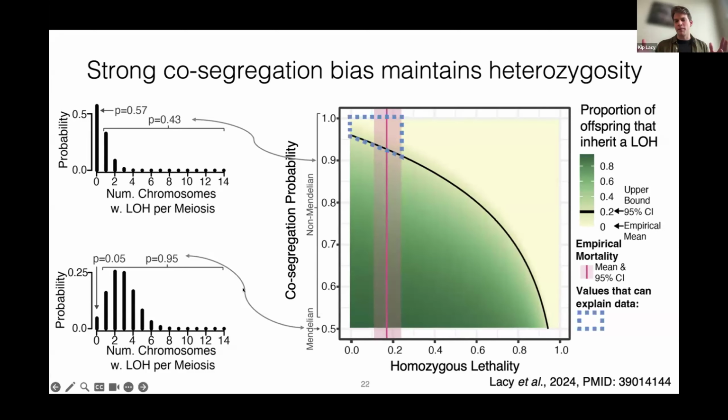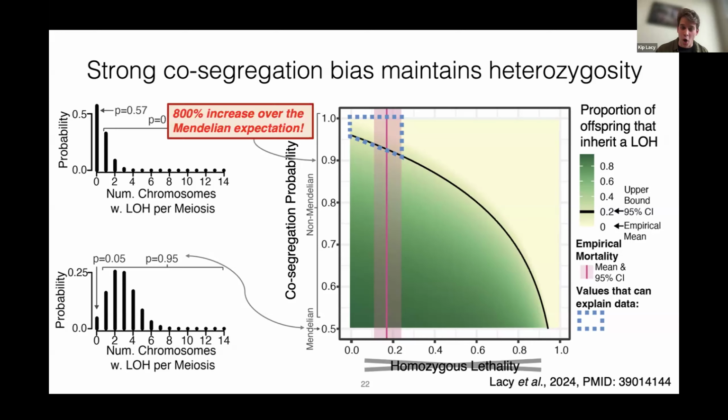And so from this, the realistic parameter values that could explain our data are way up in the upper left corner in this blue box, meaning that really homozygous lethality plays at most a minor role in maintaining heterozygosity and possibly none. And then there really needs to be strongly non-Mendelian co-segregation of recombined products to maintain heterozygosity in the system, an 800% increase over the Mendelian expectation.